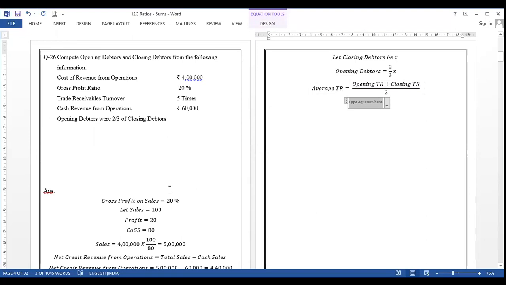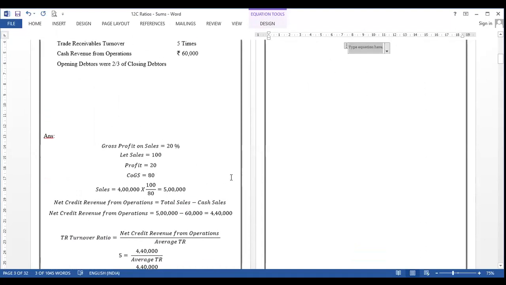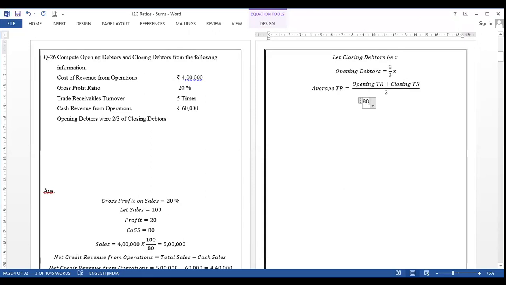Let us apply the values over here. Average was calculated as 88,000, so 88,000 will be equal to 2 by 3x, which is opening, plus closing x, divided by 2. Then, sir, we will multiply 88,000 into 2. 88 into 2, that's fine.